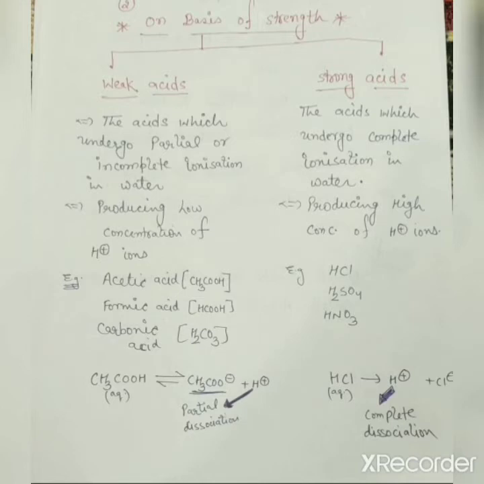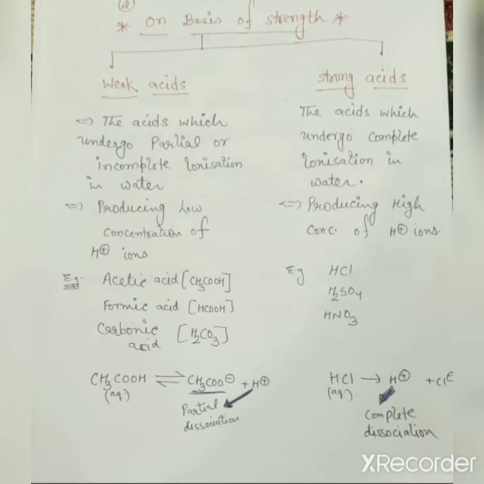When you put any acid into the water and it dissociates 100% of the hydrogen ions in water, such acids are called strong acids, producing a high concentration of H plus ions.